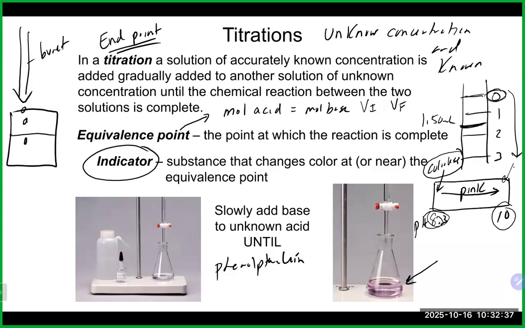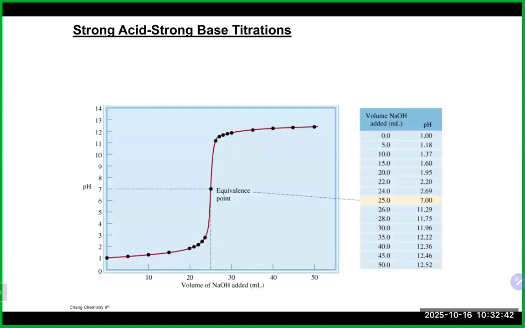All right, so the first type of titration we're going to talk about is a titration between a strong acid and a strong base. So something like HCl plus some sodium hydroxide gives us some water and a little sodium chloride.